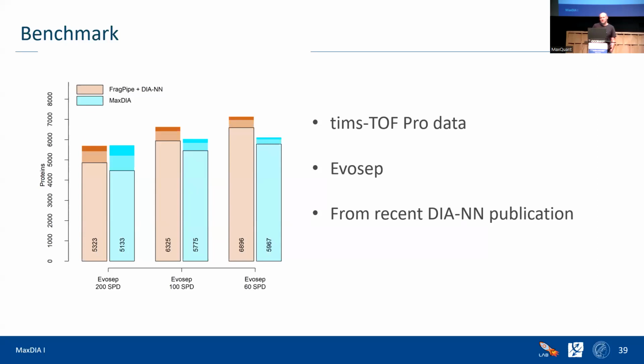And do you have a comparison with Spectronaut also? Have you compared? No, but in the paper from Diane 2-3 weeks ago, they compared to Spectronaut, and they say it's twice as good as, I don't know which Spectronaut version they picked there, but they say it's twice as good as Spectronaut or something like this. Okay. I saw that paper, but I didn't know that it was the last version of MaxQuant.